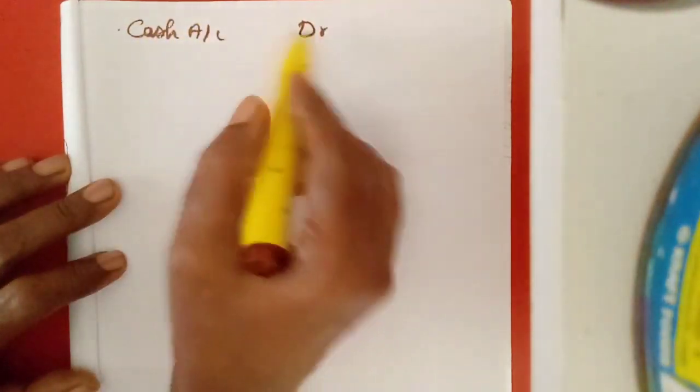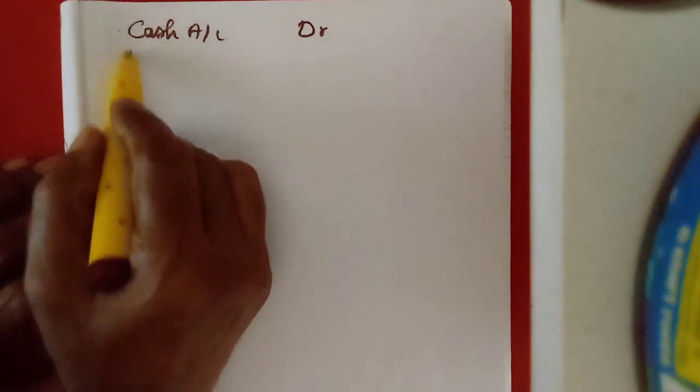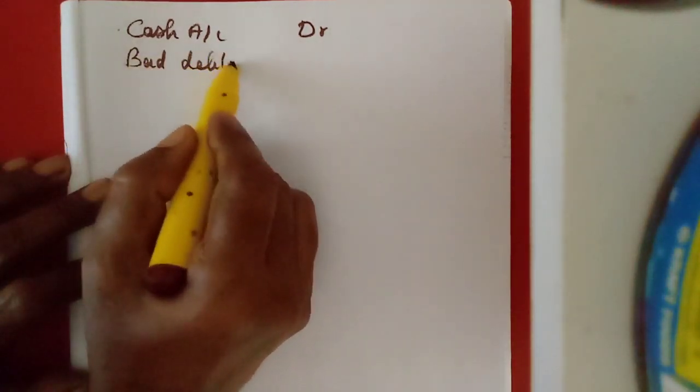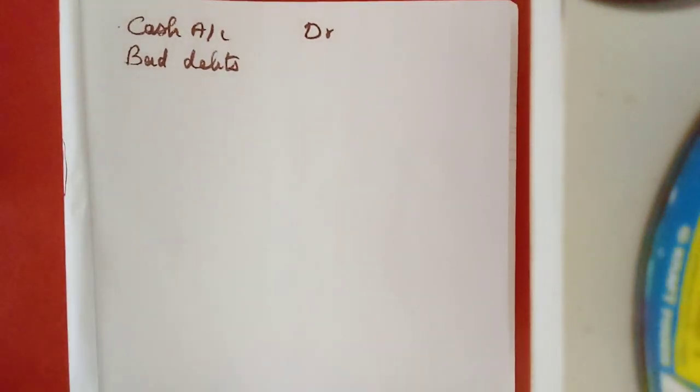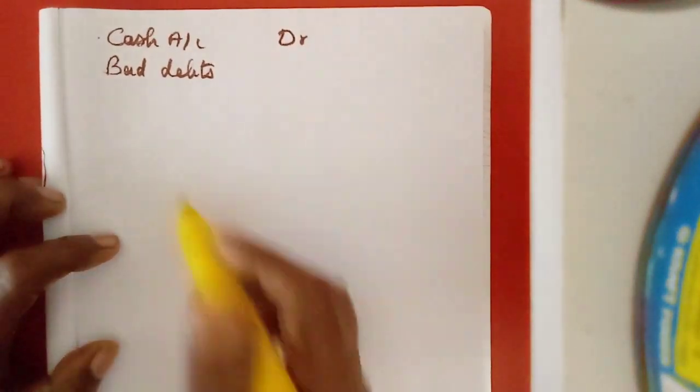For each and everything you have to draw lines, 5 columns. Okay. Cash account debtor. Then again another one. It is a compound entry. Have we studied that one? No. Now I will teach you. After this example, I will teach you the different varieties of entries. Okay.